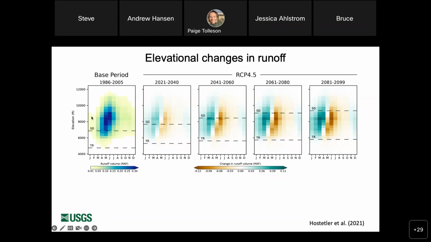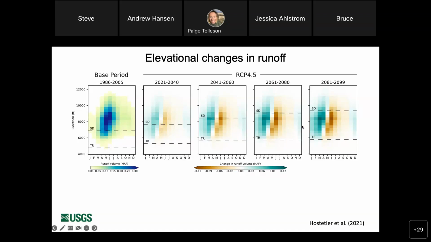So above this is snow dominant. As we go through these periods in the future, what you can see is that there's a shift starting to take place, less runoff happening in May, June, and July, more in the early spring and winter, as these transition zones, the elevation increases in both the zones.